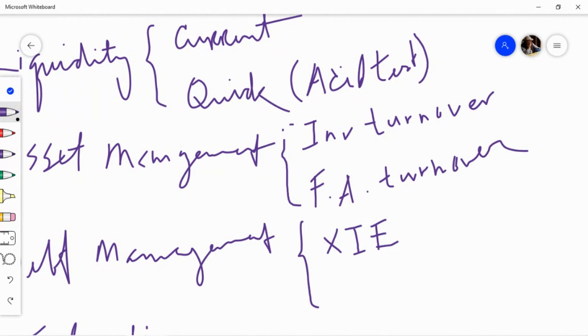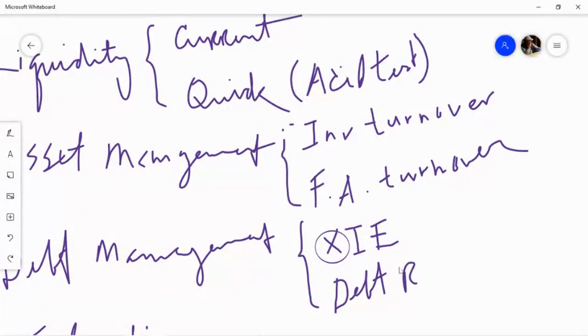You might wonder, if it is times interest earned, shouldn't it be T? Yes, but it's not X. It's literally times, multiplication times, right? I'm going to talk about this later. And then debt ratio, total debt. It's called simply debt ratio, but it goes by many different names.